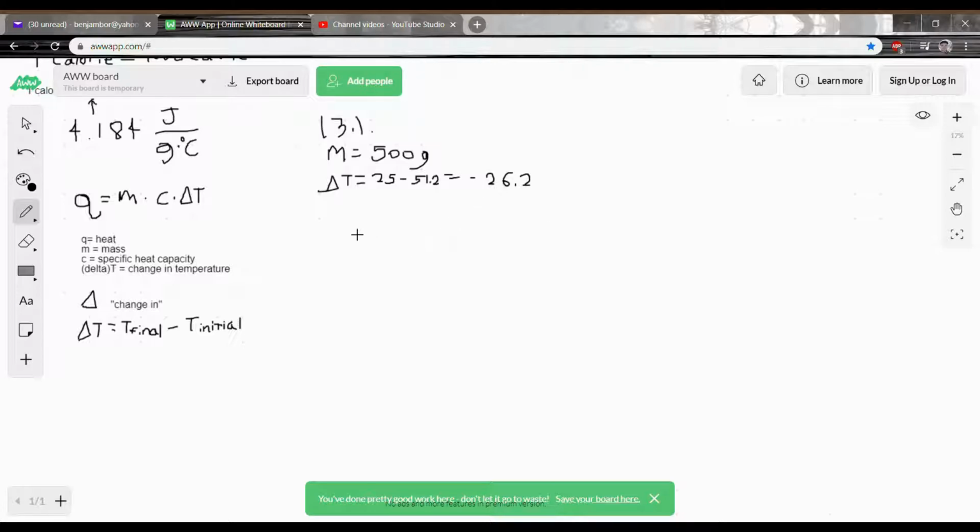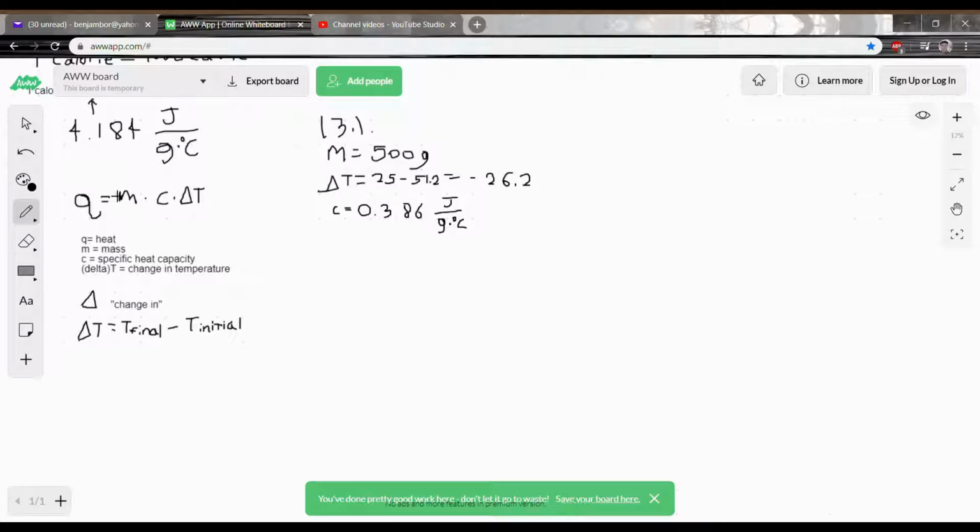And we're also given our specific heat capacity, C. Since it's not water, the problem statement is always going to give it to you. And that's going to be 0.386 joules per gram degree Celsius.